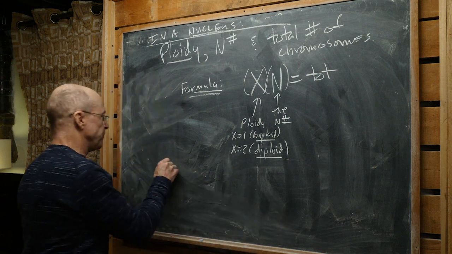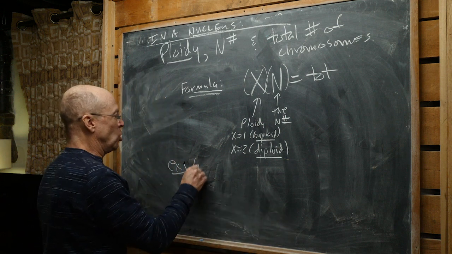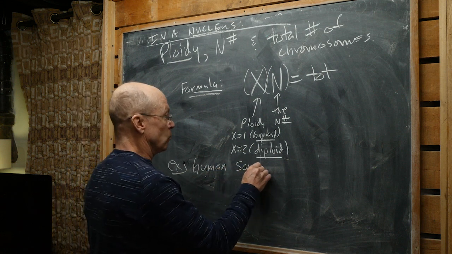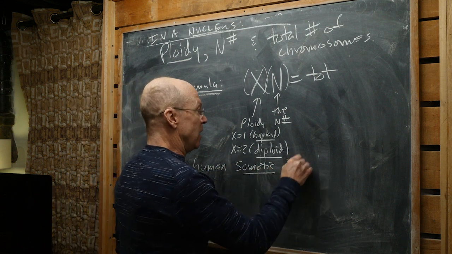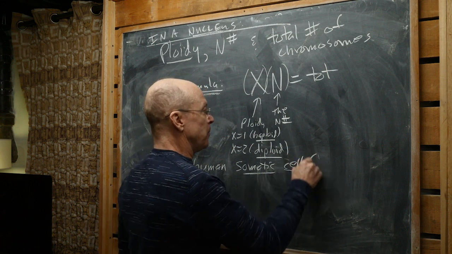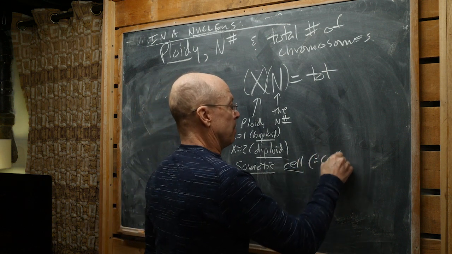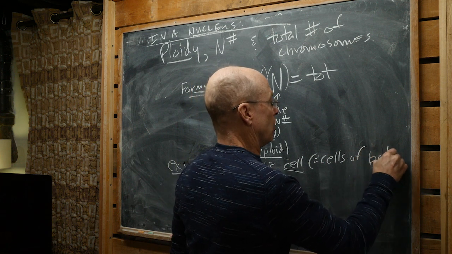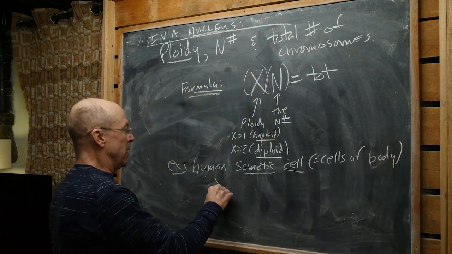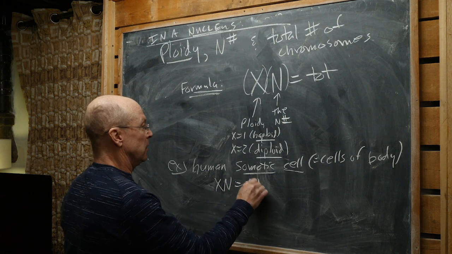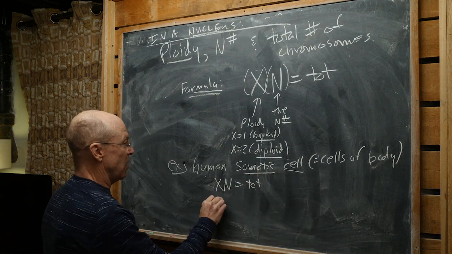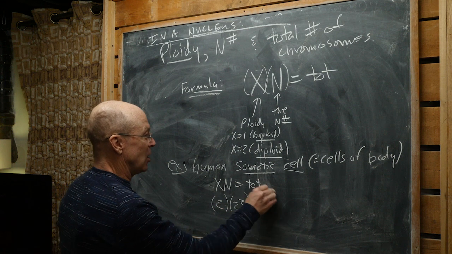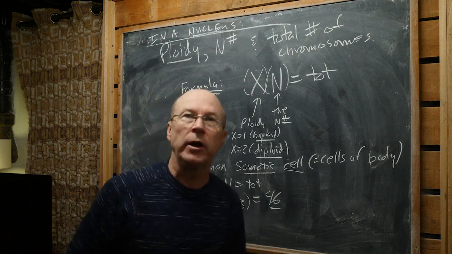So for example, we have a human somatic cell. Somatic cells are cells of the body, so they're not gametes. And therefore, xn equals total. So we know that human cells are 2, and we know that our n number is 23, so our total number of chromosomes is 46.